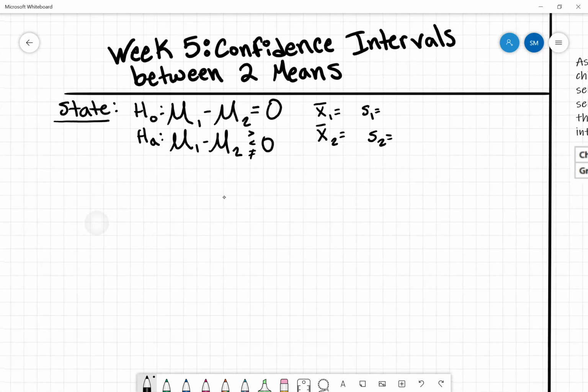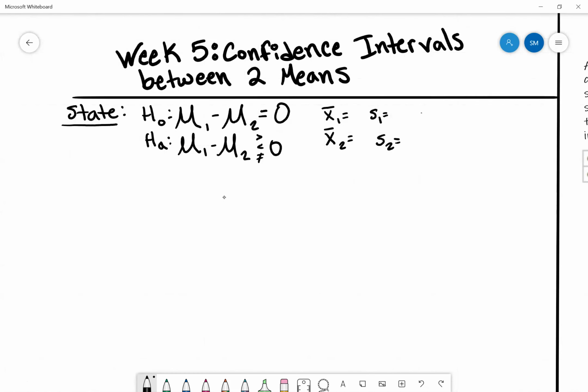You need to find your sample size of your first set of data, and your sample size of your second set of data. And figure out what is C, your confidence level, and what is T star. So you kind of got a couple of things.